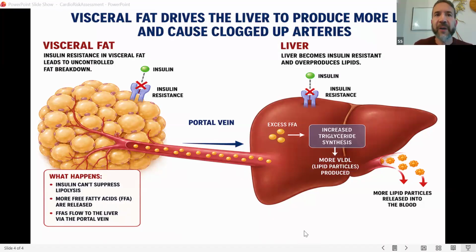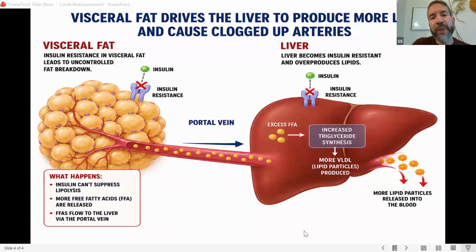The ones that I'm interested in are the ones in the abdominal section, particularly the intestines, because much of this visceral fat drains into the liver directly through what's called the portal vein.